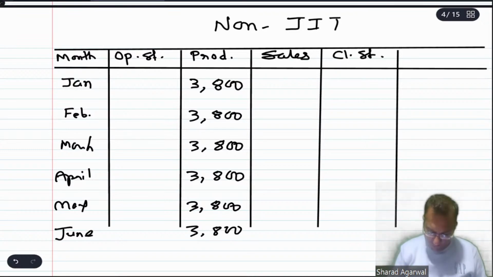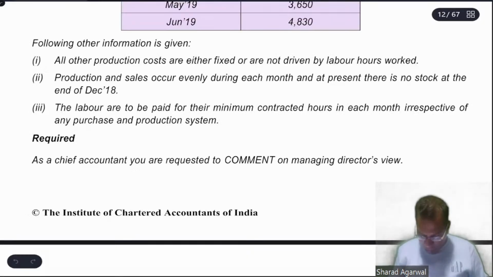Okay, beta. Sales is already given in the question. You don't have to calculate it.